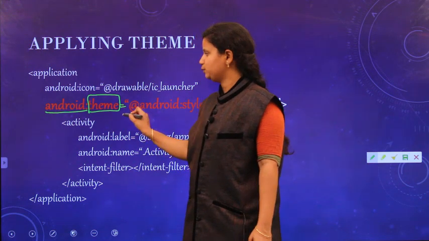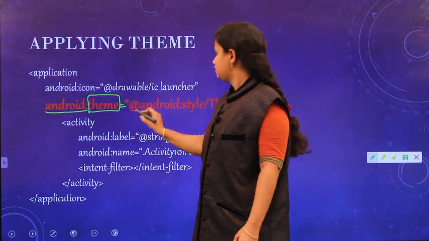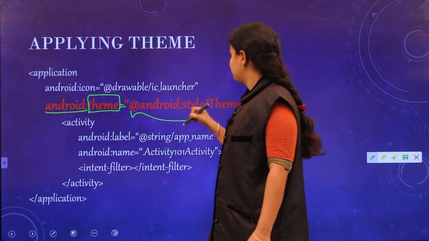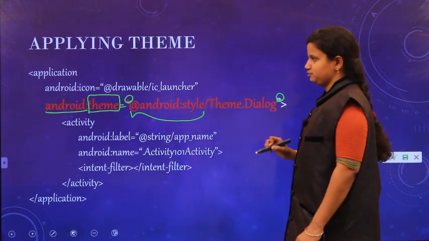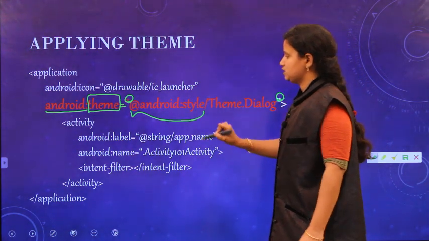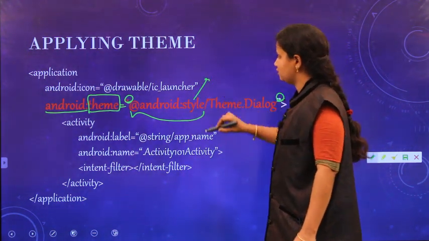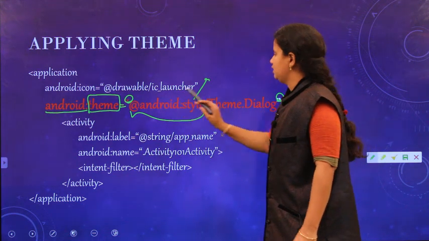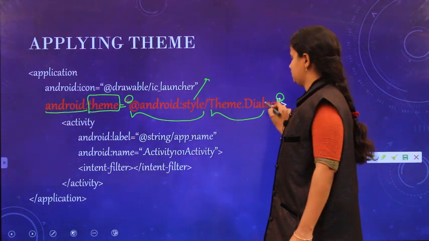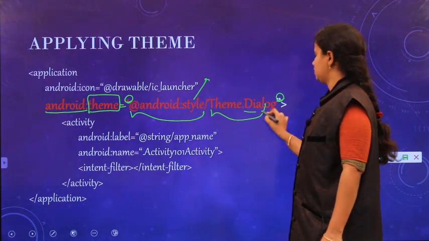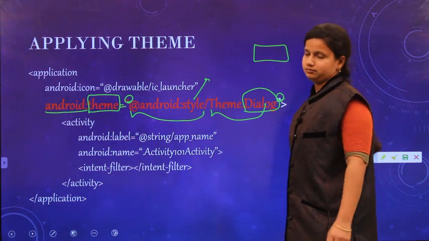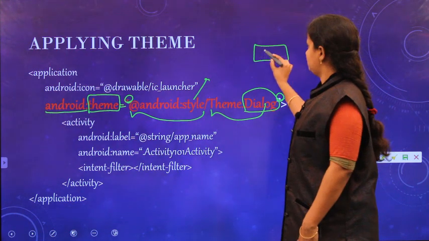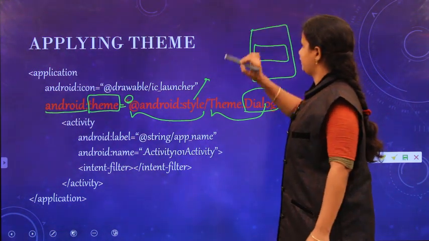The value assigned to this property is mentioned within double quotes: android:style, meaning from the style folder we access the theme. The name is Theme.Dialog. Theme.Dialog means it will display only some of the prompt. It will not display the entire theme of your activity.